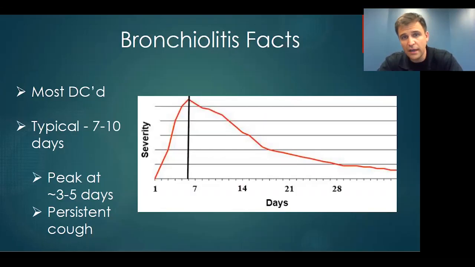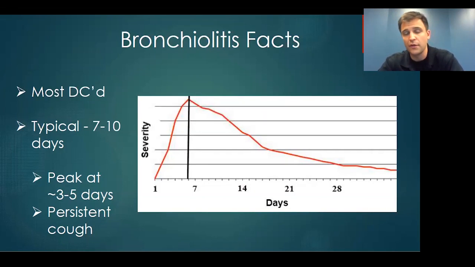The flow of a typical bronchiolitis case is generally over a relatively long period of time and is associated with their infection. So generally speaking, they're going to have symptoms from the time they get the infection until they're over it.